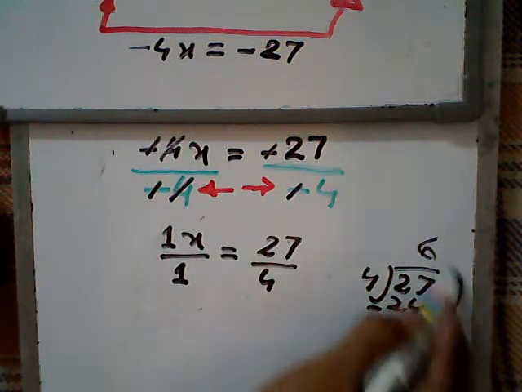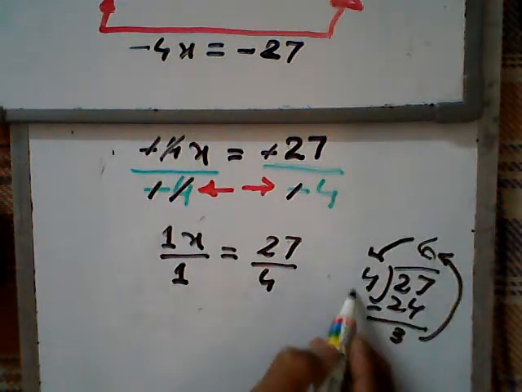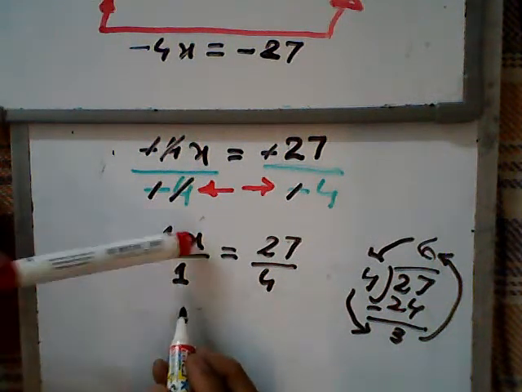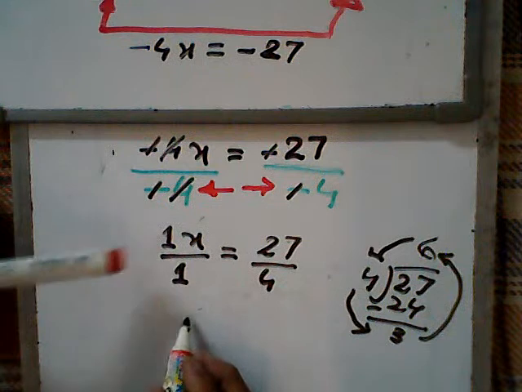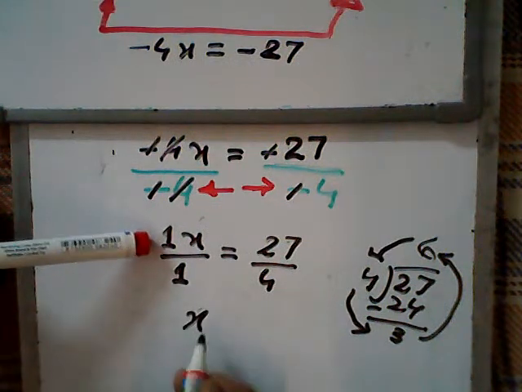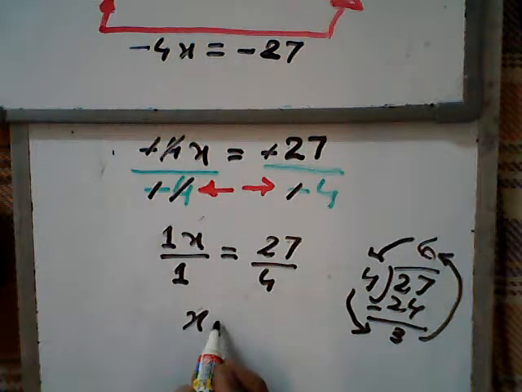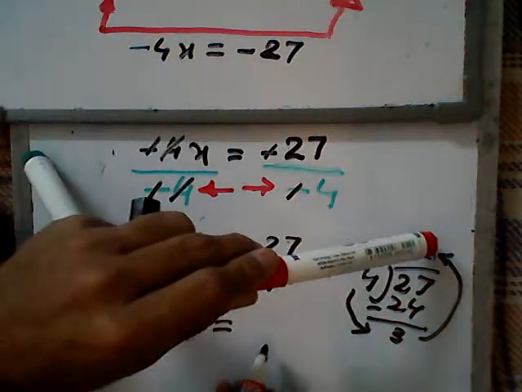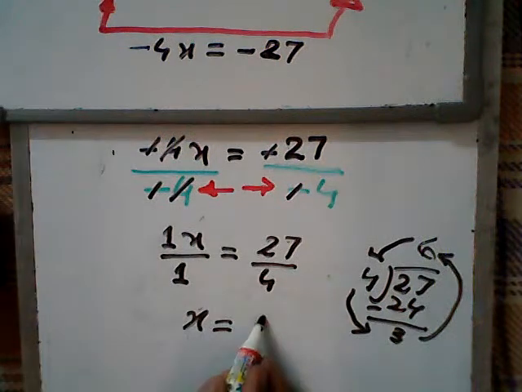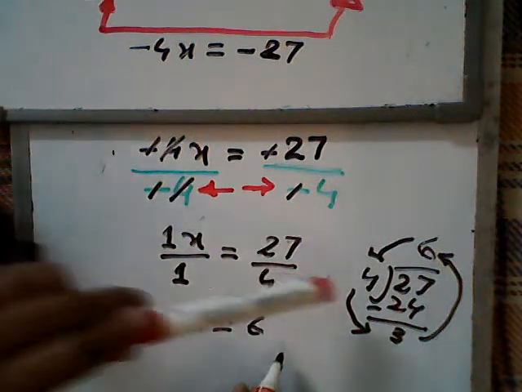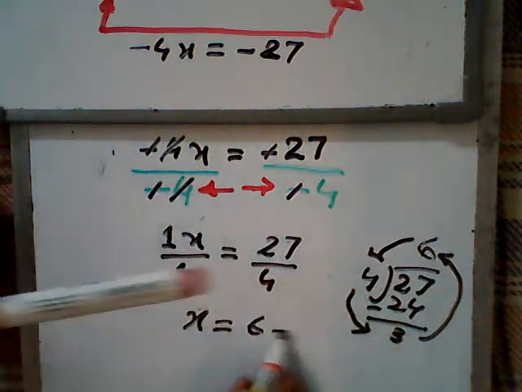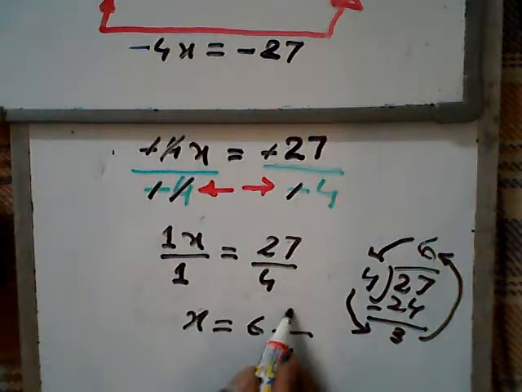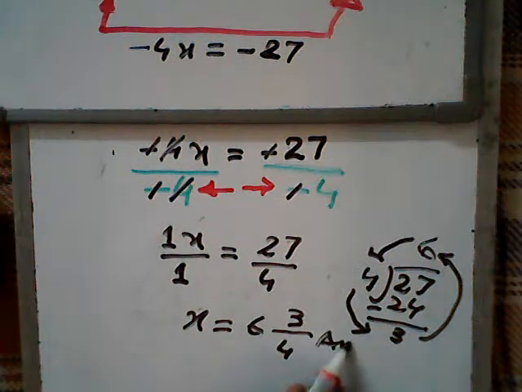So this goes up, this goes middle, this goes down. So the variable has coefficient 1, so we don't need to write coefficient 1, and denominator 1 we don't need to write either. The quotient goes in front, the remainder goes on top, and the divisor goes at the bottom. So this is your answer.